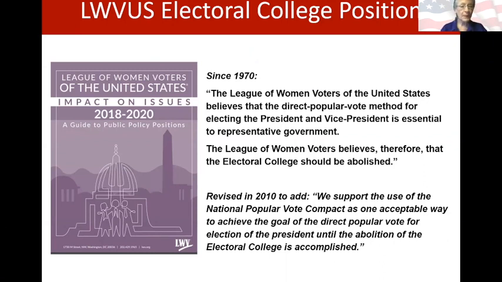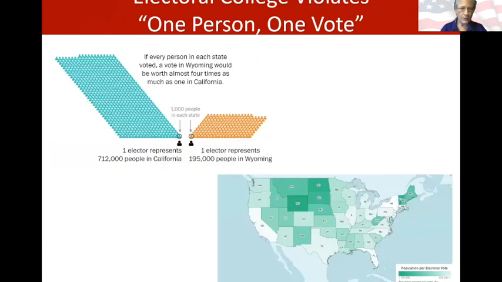So why does the League of Women Voters take the position to abolish the Electoral College? It's really very simple. It comes down to the concept of one person, one vote. For example, California's population is almost 68 times larger than Wyoming's, but it only gets about 13 times as many electors because the electors are based on the number of senators and representatives from each state.